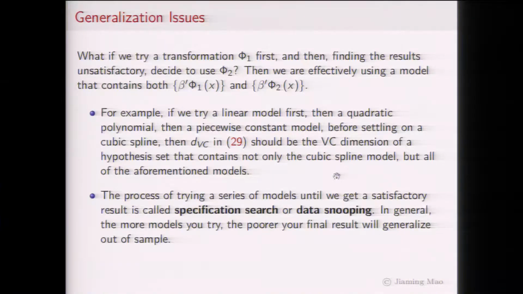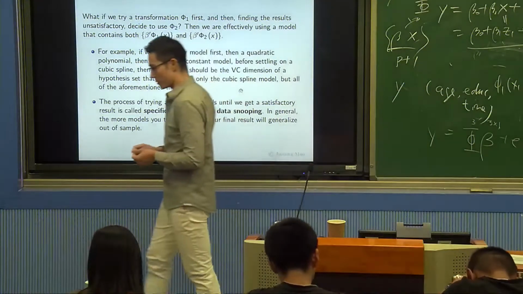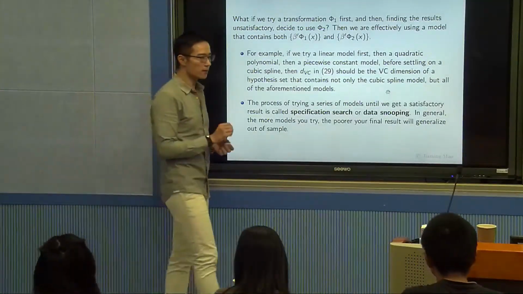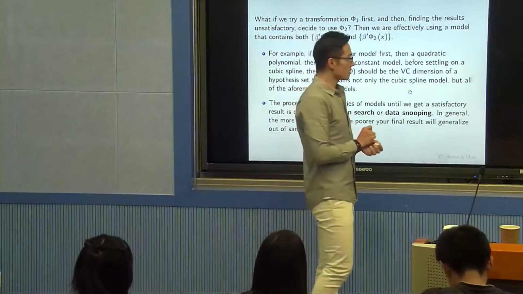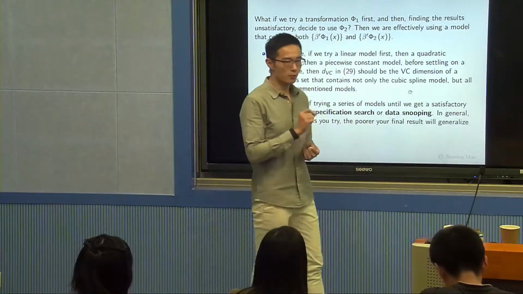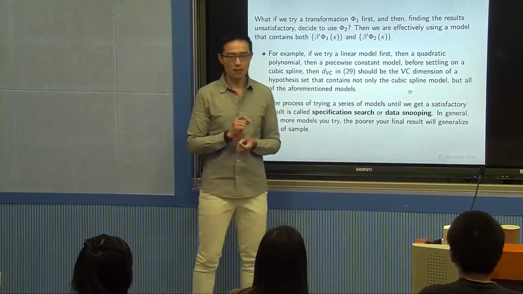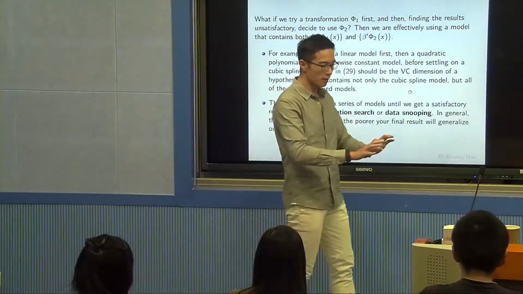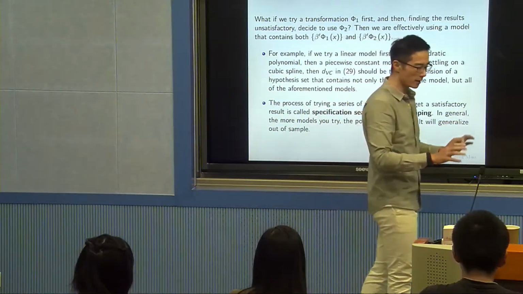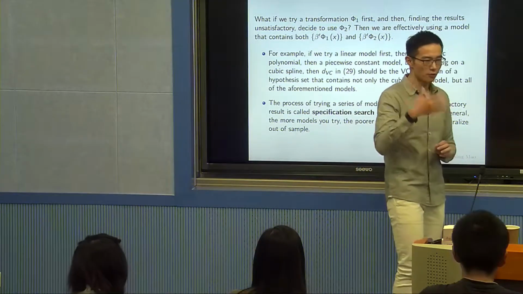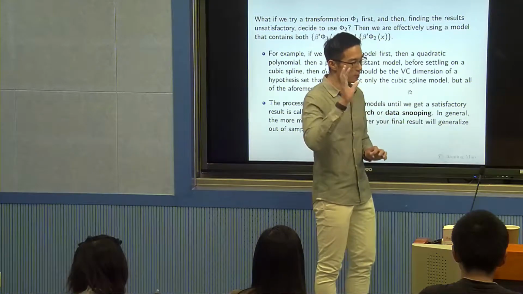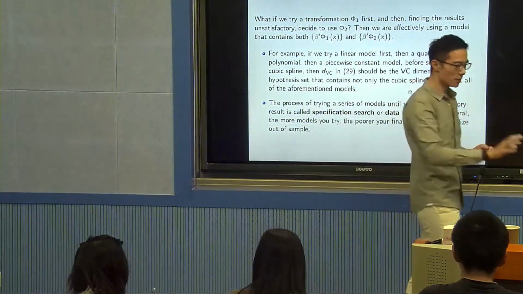Now, what makes things more interesting in practice is that when many people approach data analysis, they do not have a feature transform in mind before they analyze the data. They do not say, before looking at the data, I'm going to do a polynomial, or I'm going to do a piecewise constant.